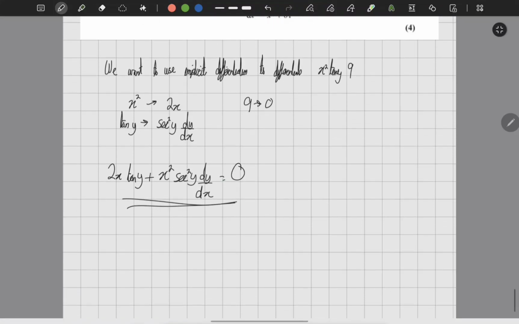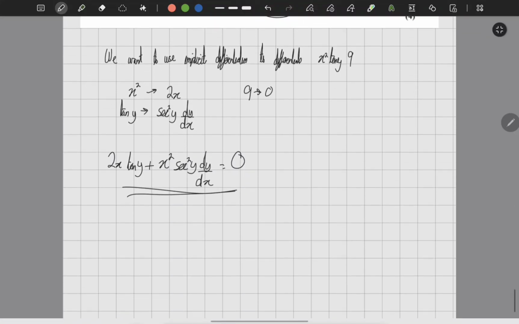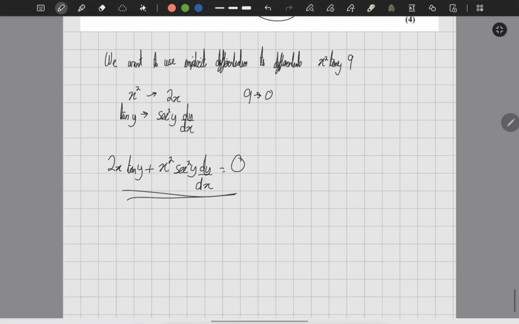So that's all differentiated, but we can see it's not quite in the right form. So we can use some trig identities. We know that 1 plus tan squared y equals sec squared y.